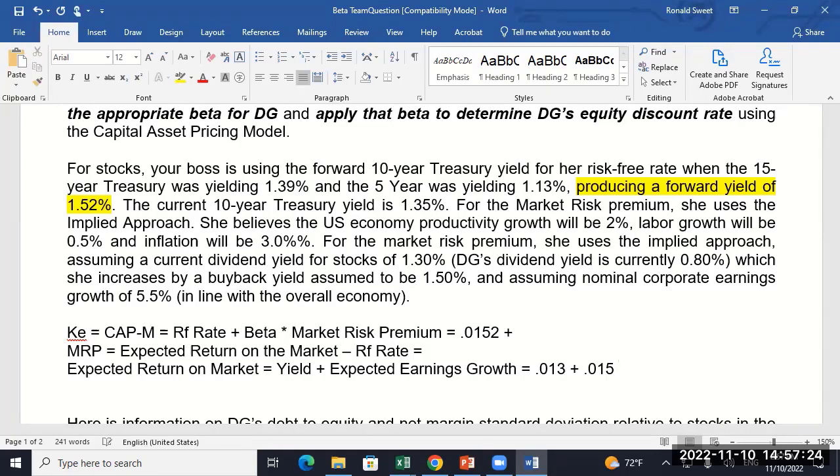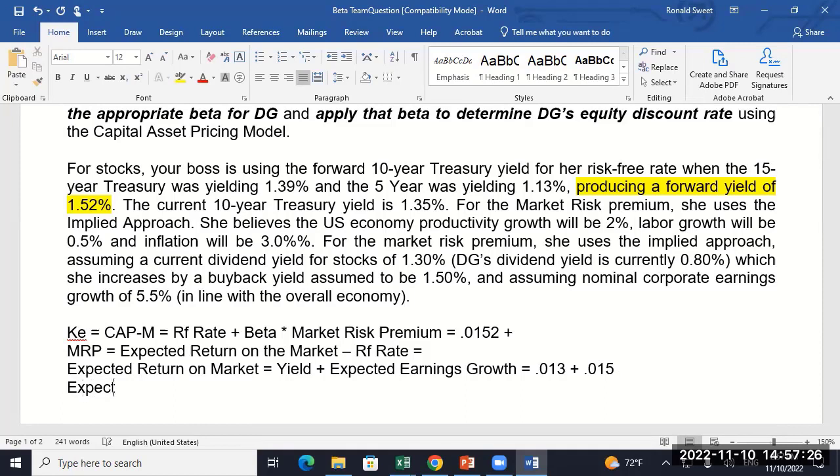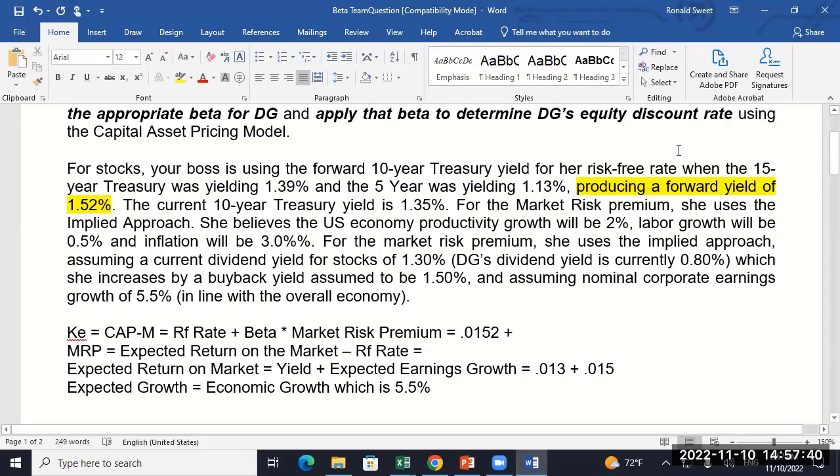And then expected return, expected growth. She says it equals economic growth, but even more than that, you don't have to add the numbers. She just tells you it's 5.5%. The 5.5% is productivity plus inflation plus labor growth plus inflation.